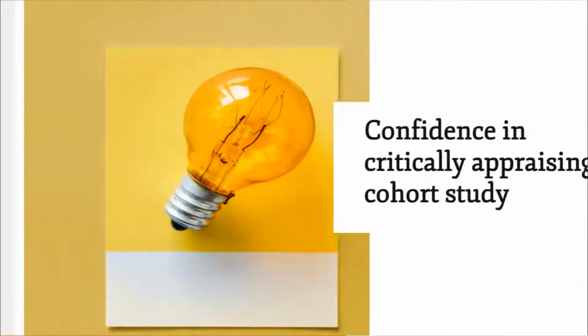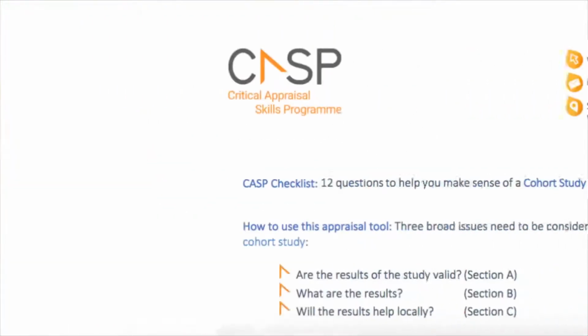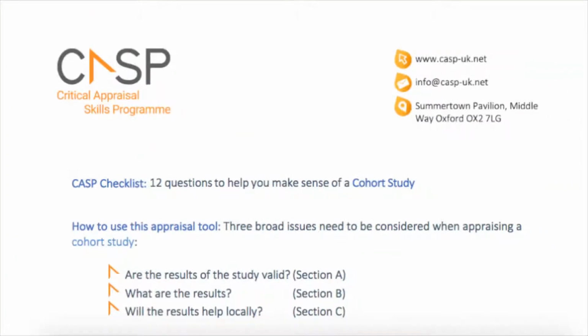The CASP program has produced a checklist for critically appraising case control studies, the link to which is located below this video. We can see that the CASP checklist again separates the three key principles of critical appraisal of validity, trustworthiness of results, and value and relevance into three sections, A, B, and C respectively.